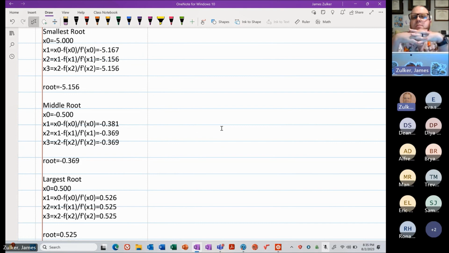So there are 2 problems with this technique. The one we already discussed: it's an iterative process, so it's a pain to do by hand, and you have no idea how many steps it's going to take. The second problem is a bigger problem. This method is dependent on your first guess.